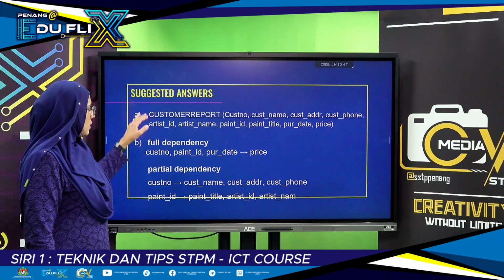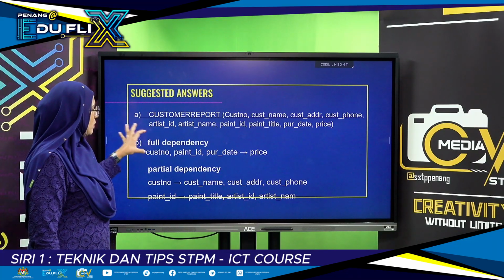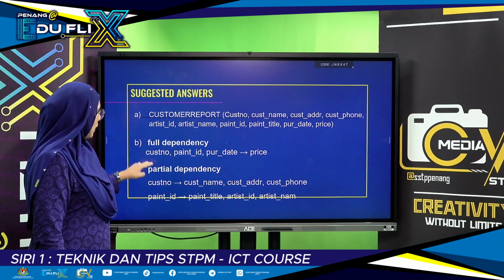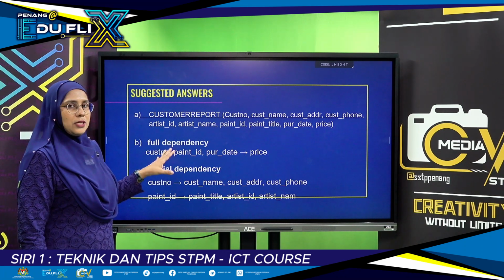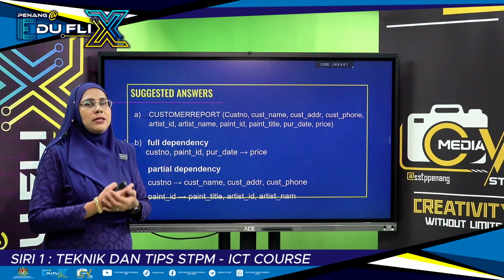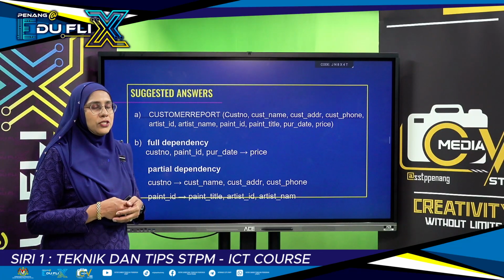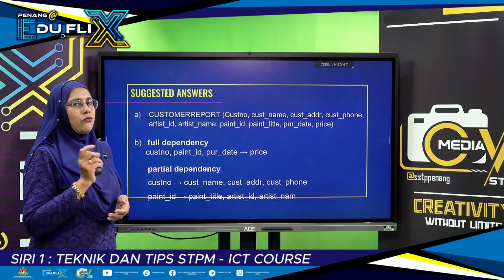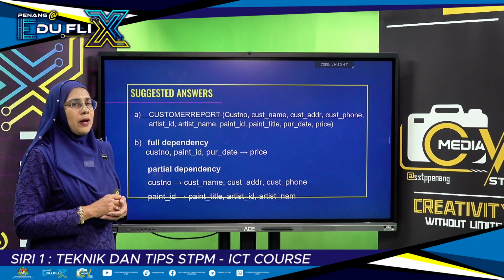Okay, next. From here, you have to determine what are the dependencies. You have full and partial. So this is quite challenging, where you have to identify what is meant by full functional dependency, meaning the attribute will fully depend on its primary key.